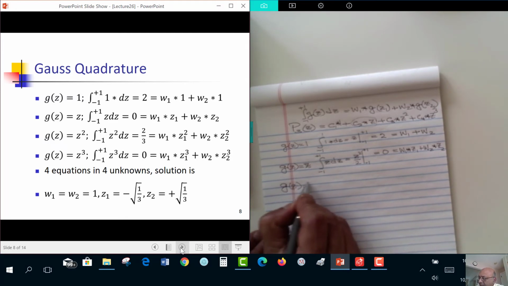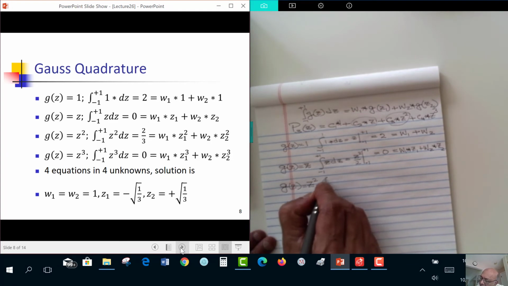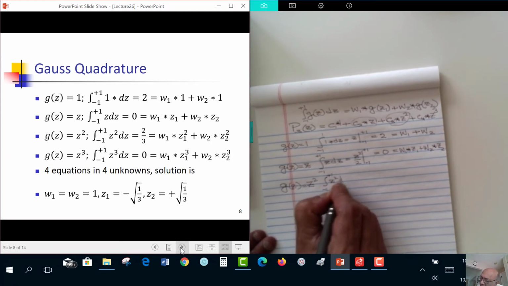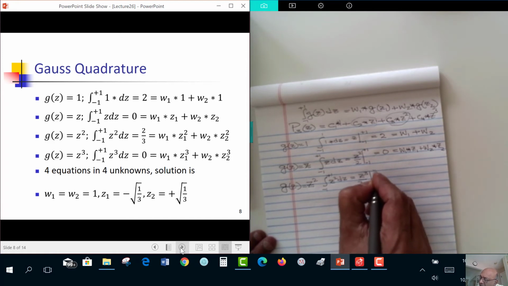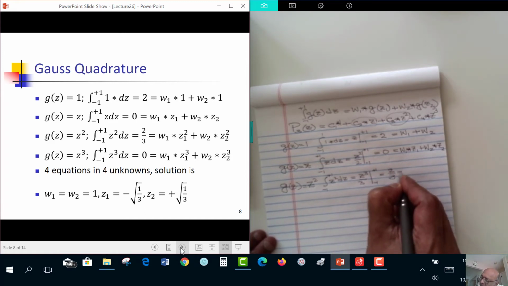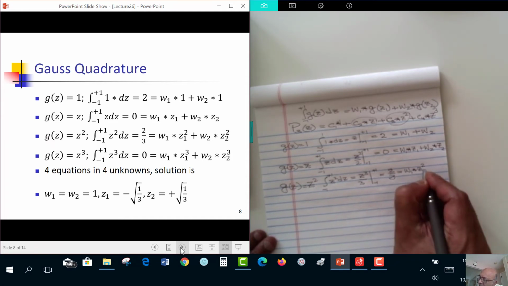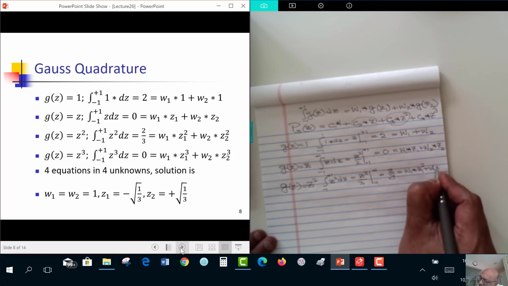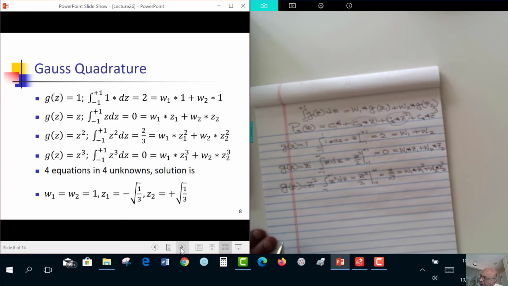Let's take our third term here, z square. So we'll evaluate the integral from minus 1 to plus 1 of z square dz. We'll get z cube over 3 from minus 1 to plus 1. So this will be 2/3. Now w1 times z1 square plus w2 times z2 square.